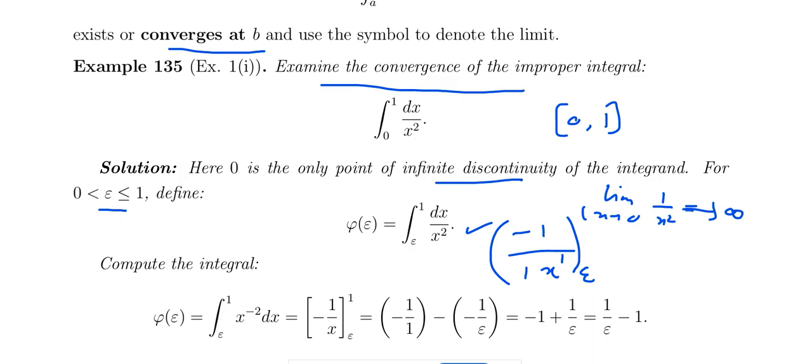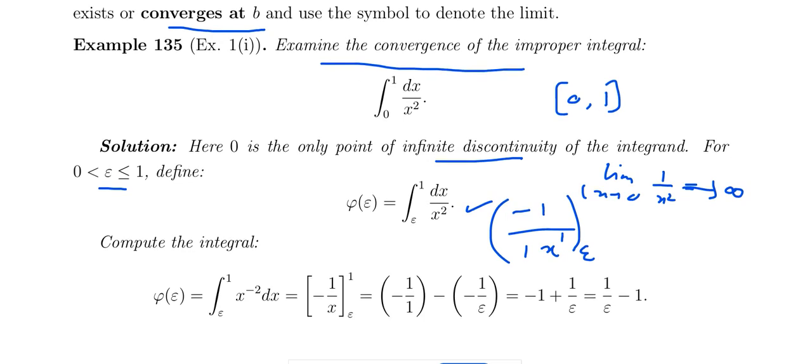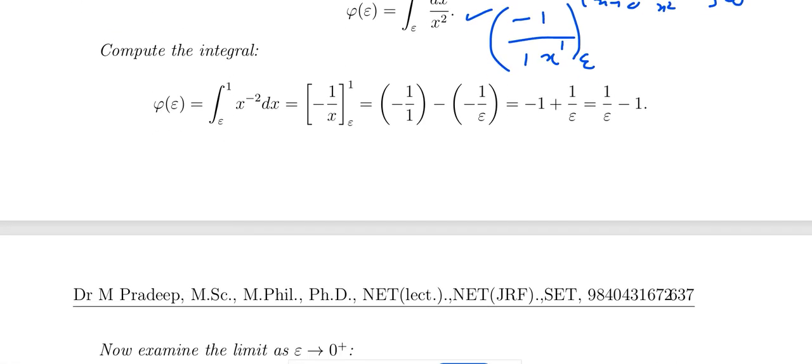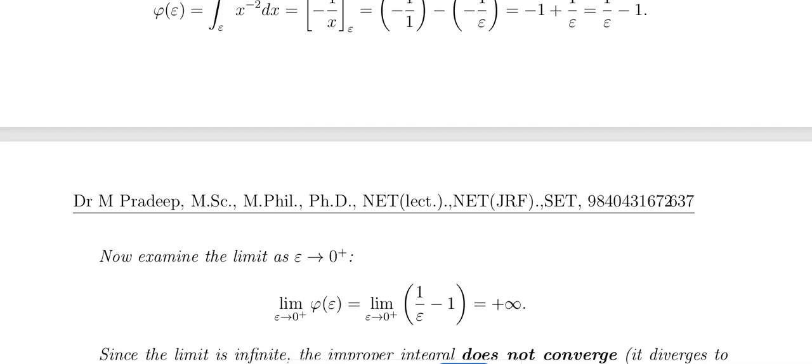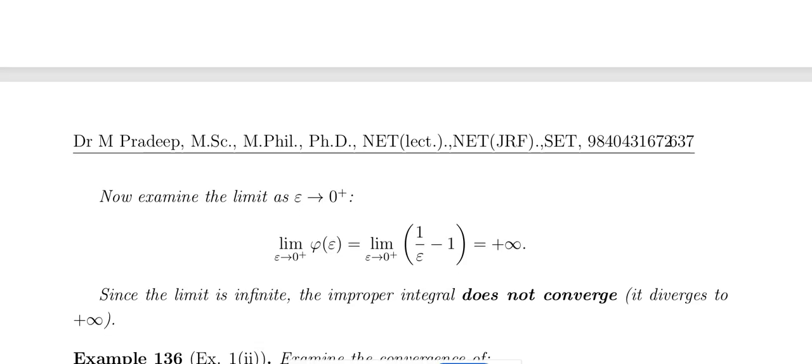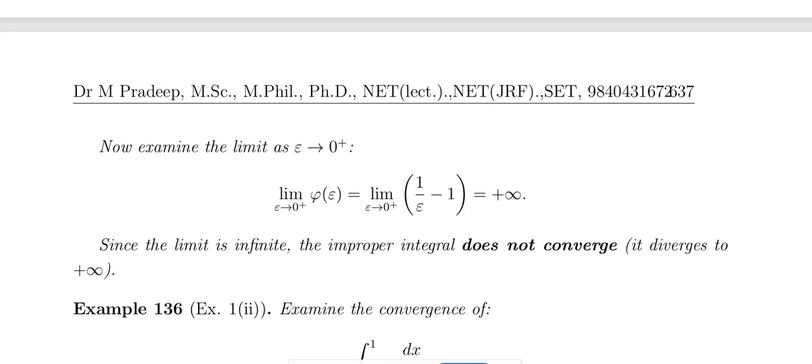This is the value of the proper integral, meaning a proper answer comes out. So phi of epsilon equals this, and we take the limit as epsilon tends to 0 plus, since it is the lower limit. Here 1 by epsilon tends to infinity, so infinity minus 1 is plus infinity. So the limit is infinite.